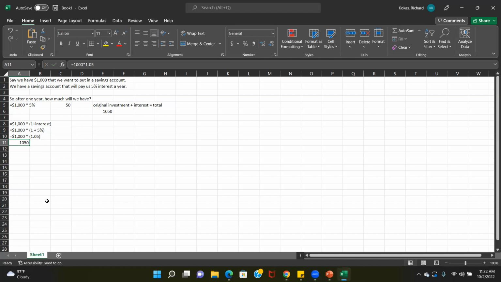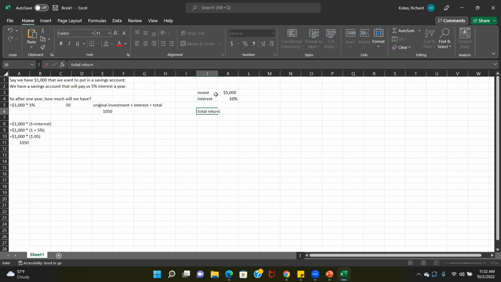Simple interest is straightforward. We could do this with any dollar amount and any percentage. I'll do one more real quick. Say we're going to invest $5,000 at 10% interest, looking just at one year.